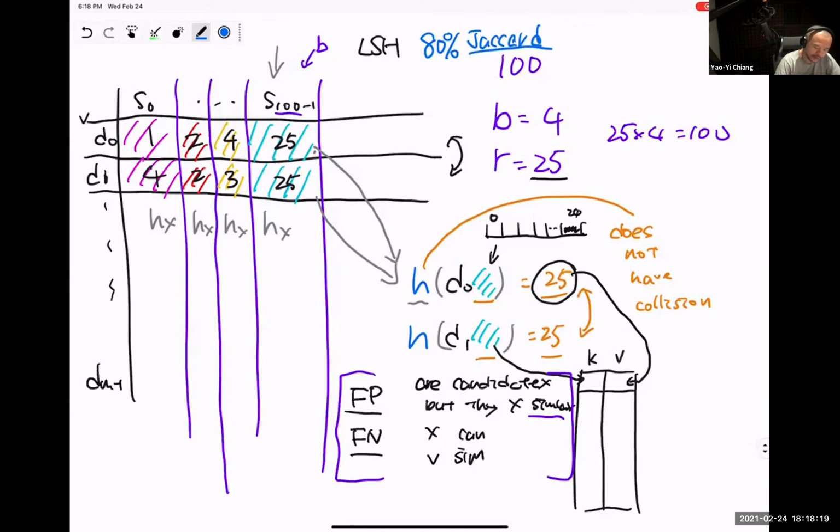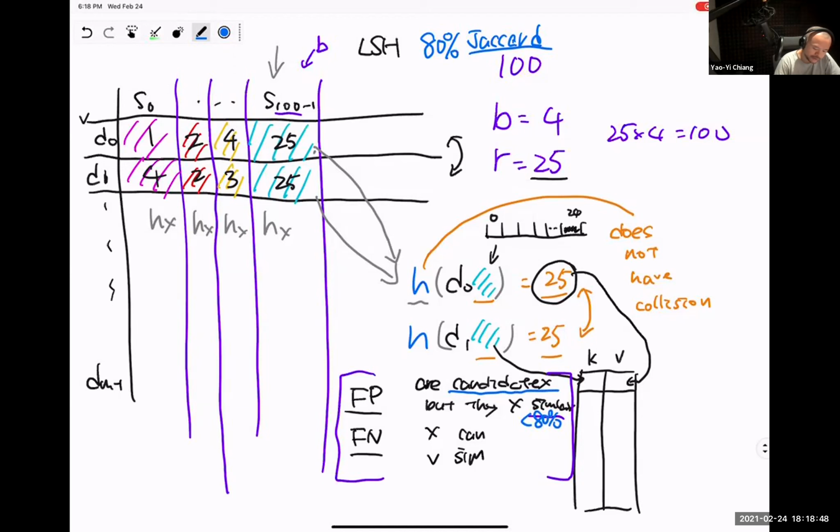So if you look at the sentences here, again, false positives means your LSH identifies them as a candidate, but this true pair actually has less than 80% similarity, right?